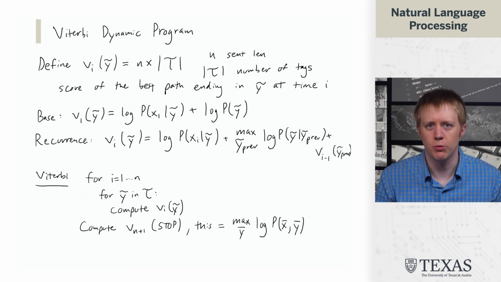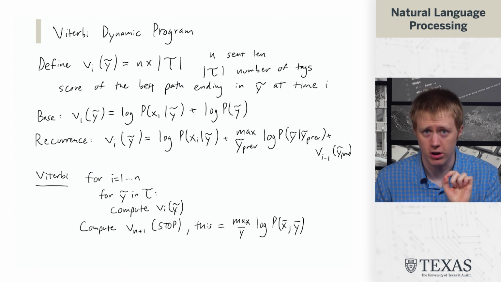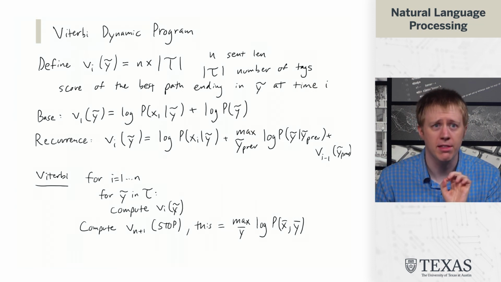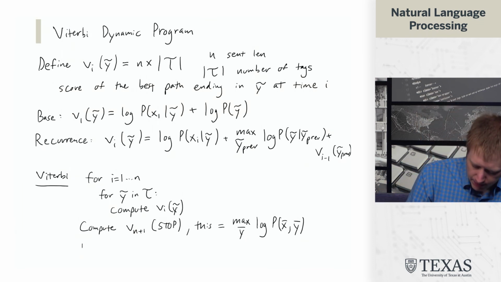Although, hey, wait a minute. What we're doing right now is we're computing a max. And what we wanted was the argmax. We wanted to know the actual path rather than just the numeric value of this log probability. And so there's an extra step here that I'm not going to show where you have to track what are called back pointers.